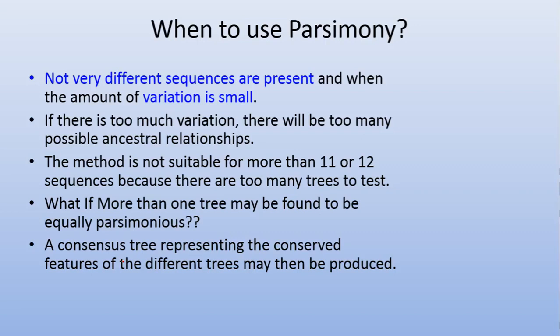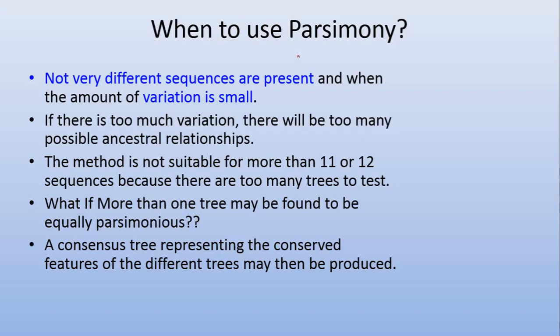So when do we use parsimony? As I have already mentioned, you can use parsimony when you figure out in your multiple sequence alignment that not very different sequences are present and the variation in your sequences is very small. Then you are supposed to use maximum parsimony. There is also a limitation on how many sequences there should be.